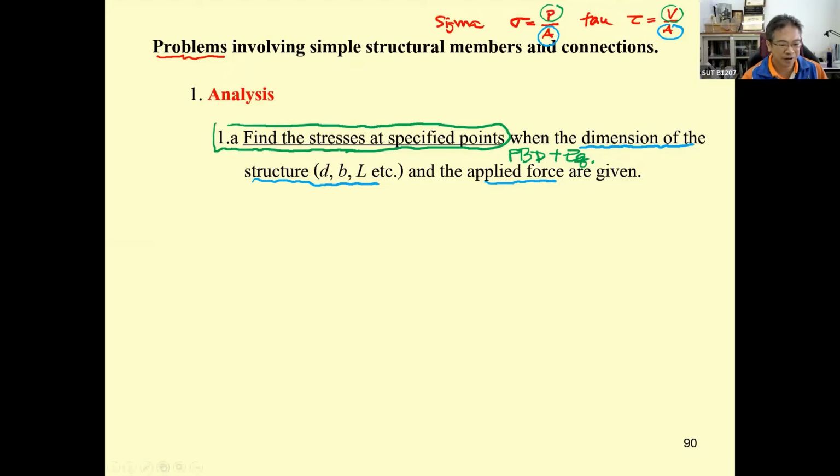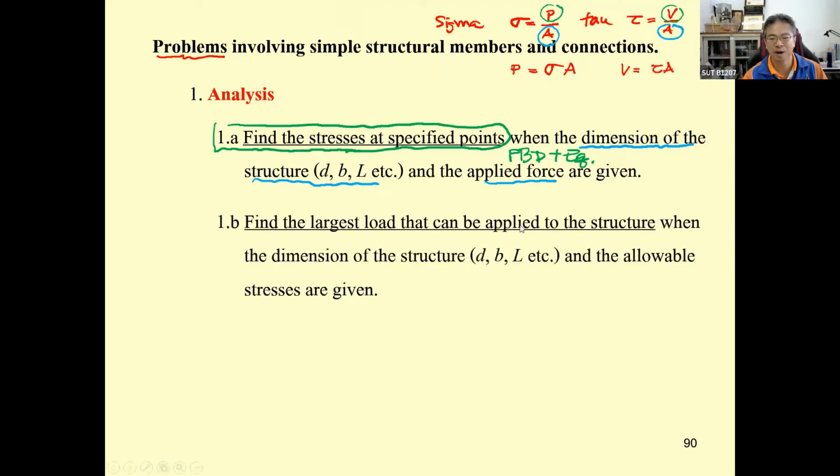Now, for the second one, this equation may be written the other way. You may write P equal to normal stress times A, or you may write V equal to shear stress times A. The next problem is to determine the largest load that can be applied to the structure.